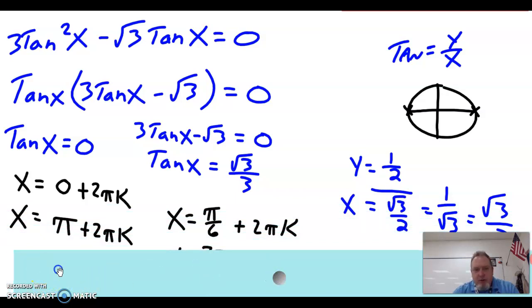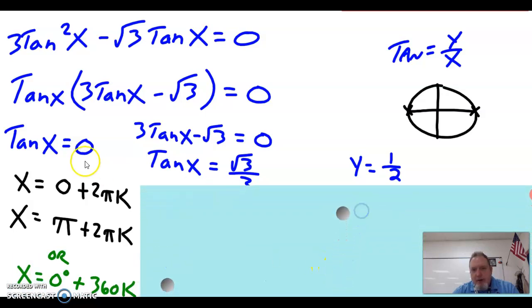I'm going to start with this first one here, so let me move this over. So every value of tangent where it's 0, that's 0 plus 2 pi k, so 0, 2 pi, 4 pi, or pi plus 2 pi k, so 1 pi, 3 pi, 5 pi, 7 pi, and that takes care of all those values.